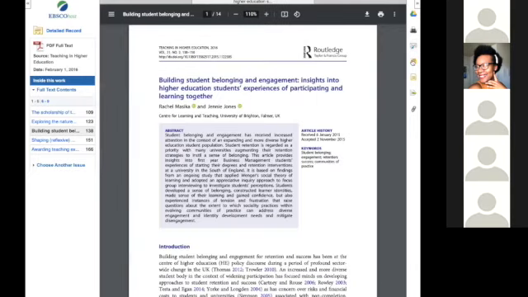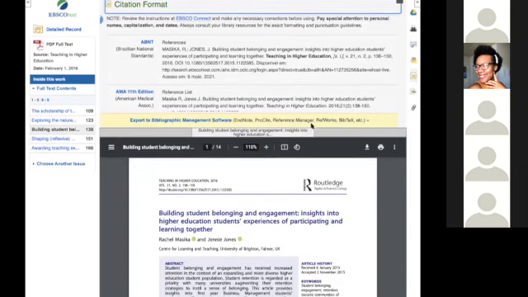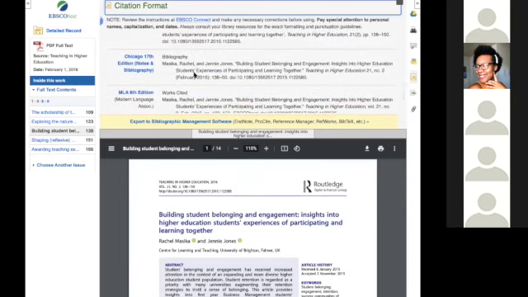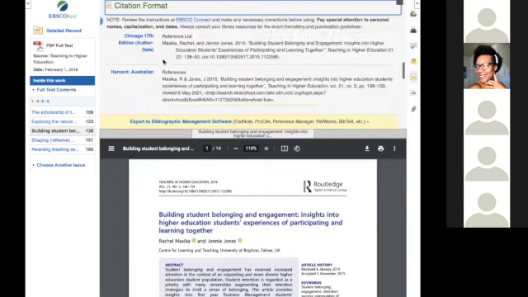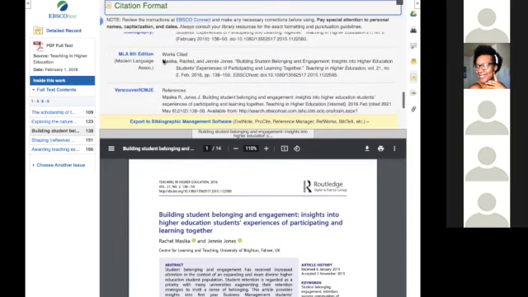Another thing that I need to do is, wait, where's the button? There it is: cite. I might need to cite this thing, because we're doing academic research now, and we have to go through this process of MLA formatting. So there's the cite. And notice it has many of the different formats that are available.